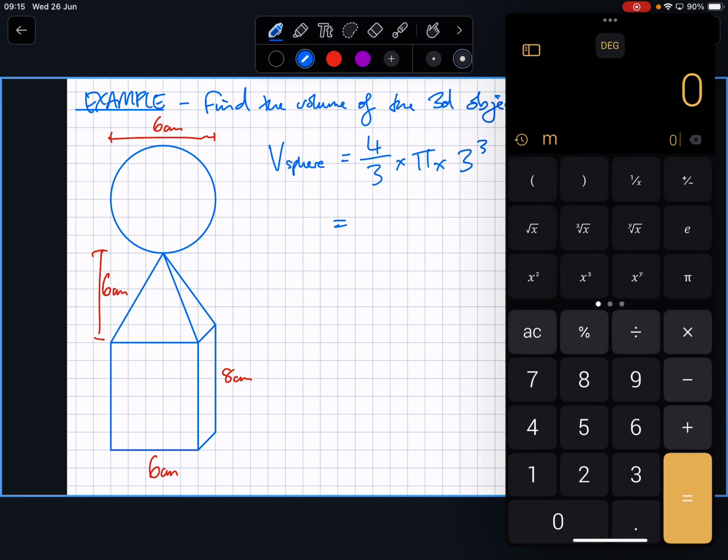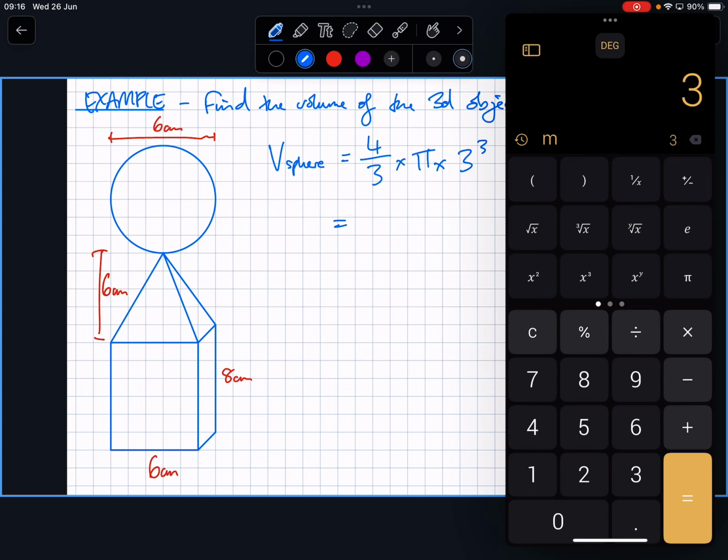Unfortunately, you can't see the calculator on the screen. When I upload it to YouTube, you'll see the calculator pop in from the side, like on mine, but you won't be able to see it. So you have to do BEDMAS. You cannot trust your calculator to do BEDMAS. What do I need to do first, according to BEDMAS? Subtraction, no. I need to deal with the exponent first. Okay, there's no brackets here.